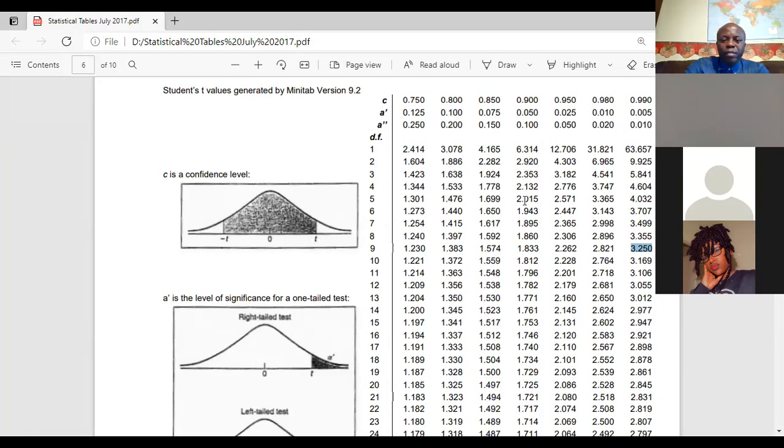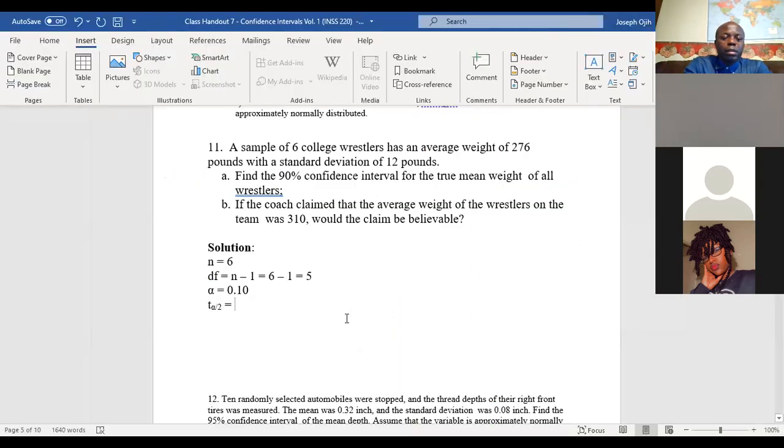You can see the 5 here and 0.1, so the value is 2.015. I copied it out, and I'm going to put it over there. 2.015.